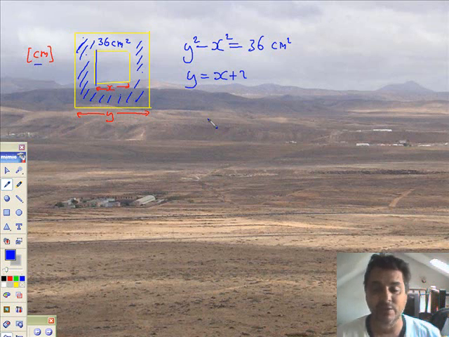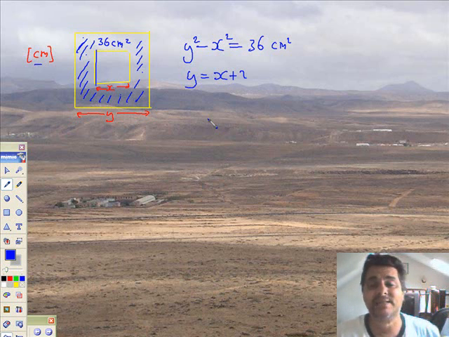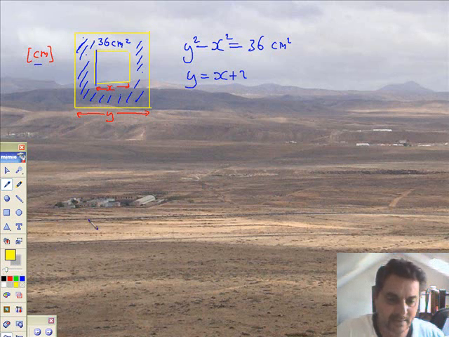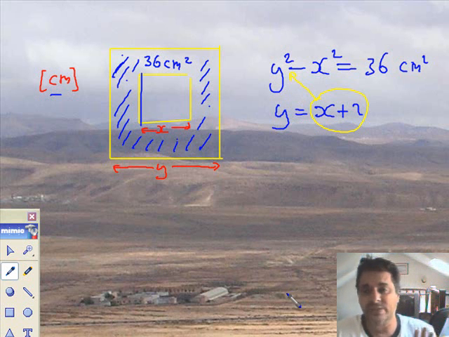I've got to somehow do something with that to work out the length of each square. So in other words, I'm going to get an answer for x and an answer for y. Now there could be two valid answers for each one, or there could be a negative answer which we ignore. But what I'm going to do now is take this x plus 2 and substitute it in there, alright? So I've got an equation with just x in it.